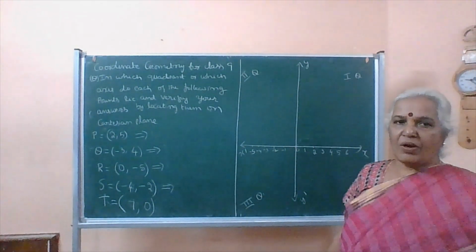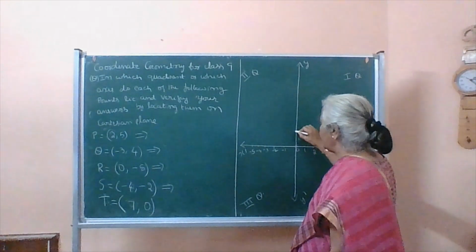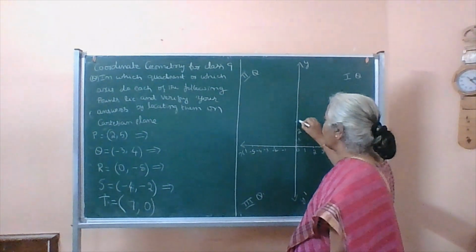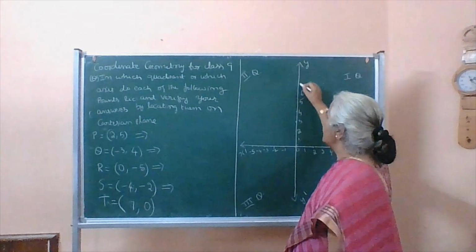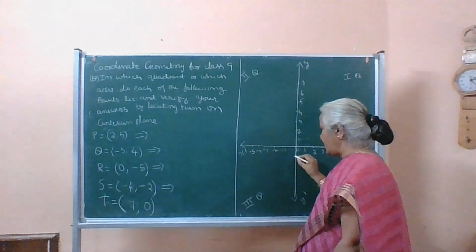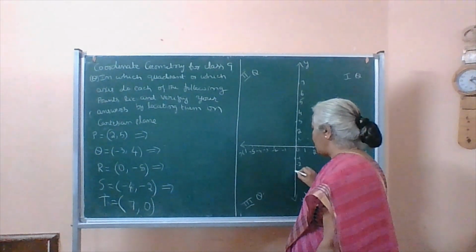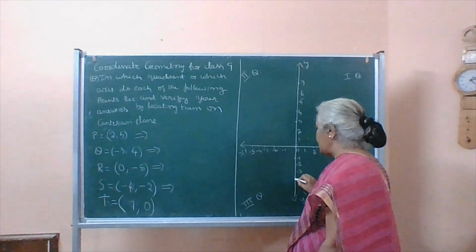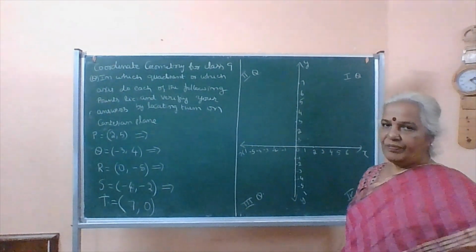On the top are all the positive numbers, that is 1, 2, 3, 4, 5, 6, 7, and all the negative numbers are -1, -2, -3, -4, -5.